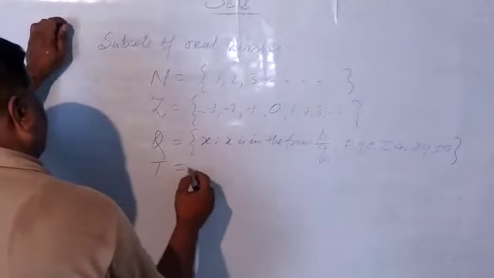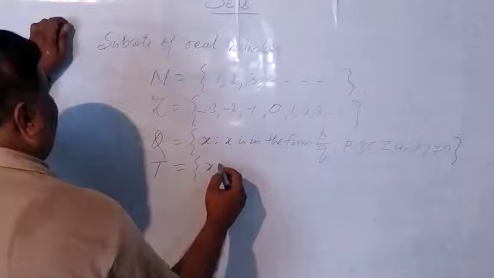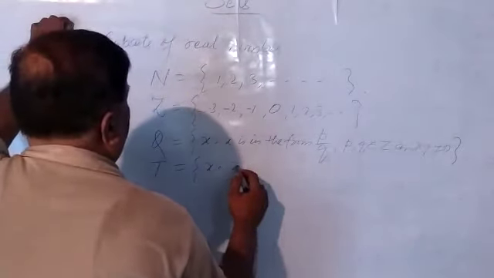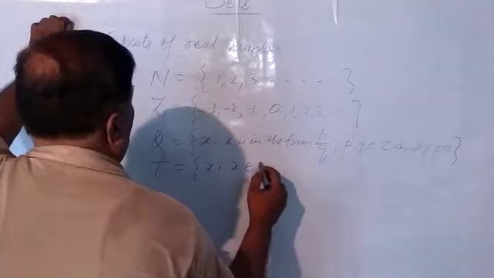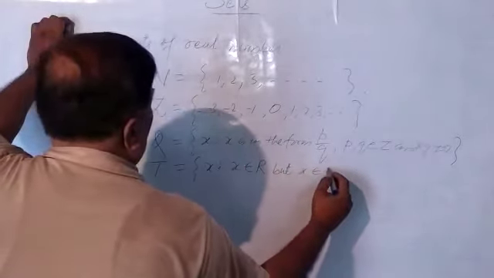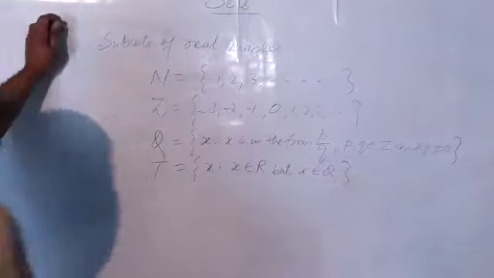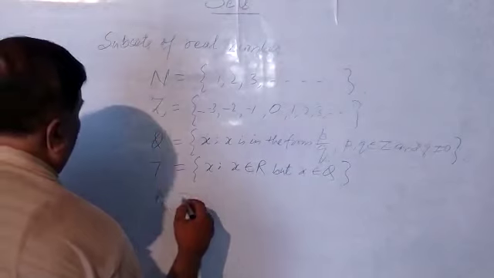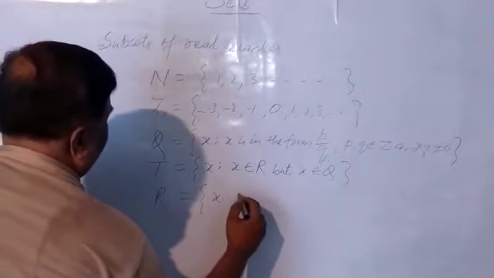Capital T is the set of all irrationals, that means x belongs to R but x does not belong to Q. R is the set of all reals.